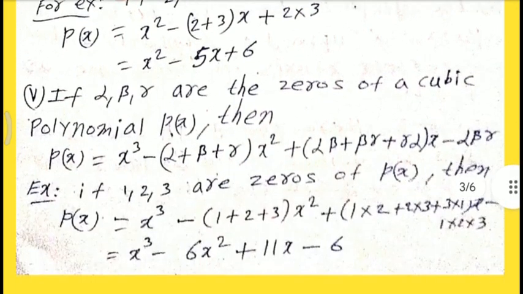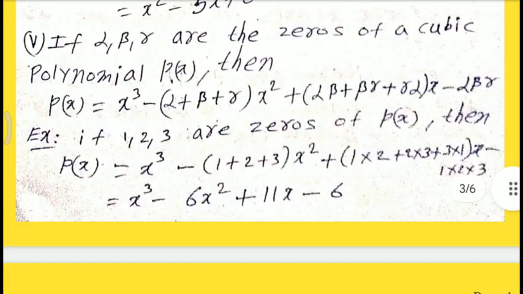Fifth one, if alpha, beta, gamma are the zeros of a cubic polynomial p of x, then p of x is equal to x cube minus (alpha plus beta plus gamma) x square plus (alpha beta plus beta gamma plus gamma alpha) x minus alpha beta gamma.